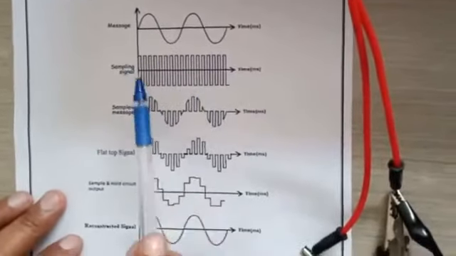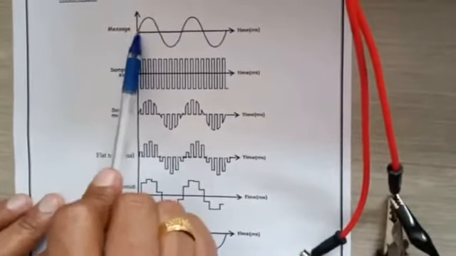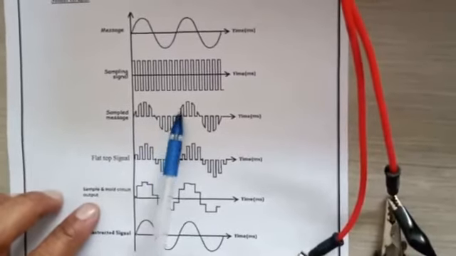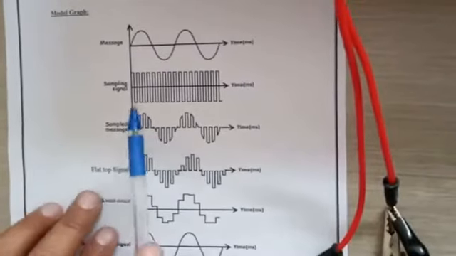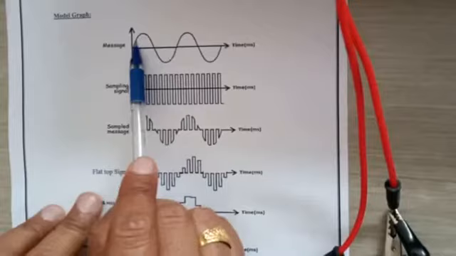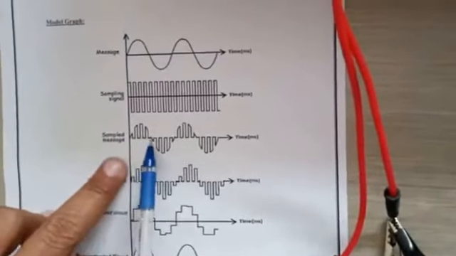Whenever the pulse is present, the input just reaches the output. That is why you have a discretized output, and this output is the natural sampled output, because the top of the pulse just follows the shape of the input signal.